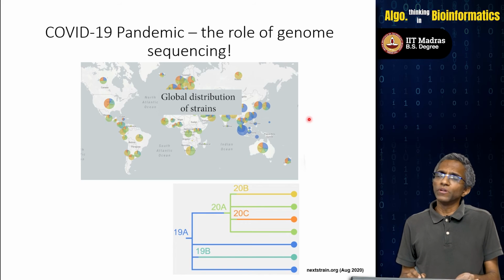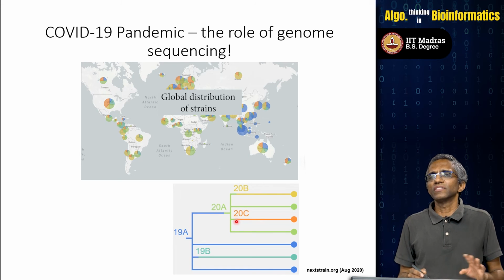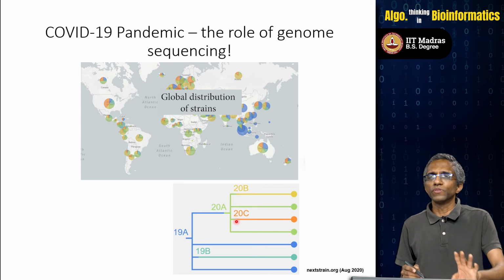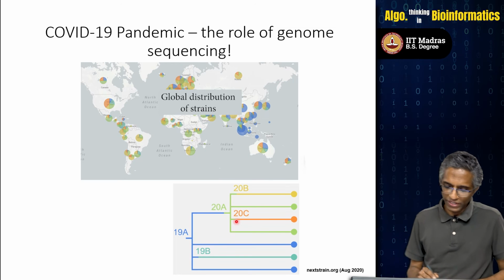All of that we were able to understand, the genomic underpinnings of that, because we were able to sequence these samples and understand how the sequences of the same virus vary as it travels from one region to another, transmits from one person to another.